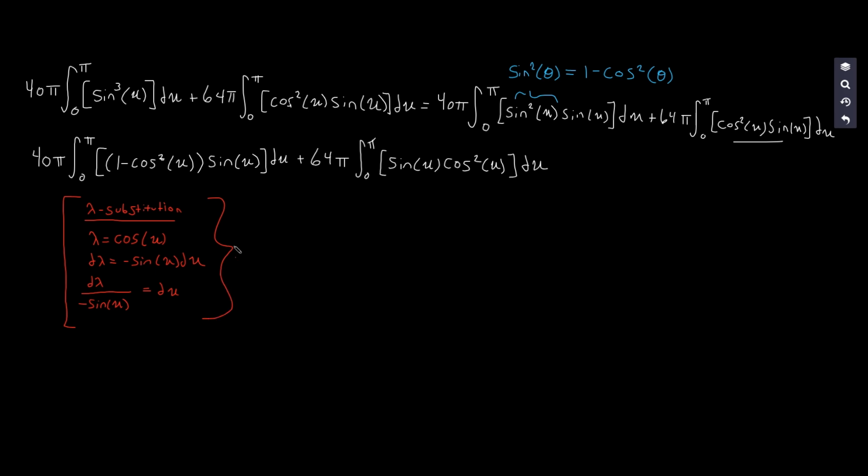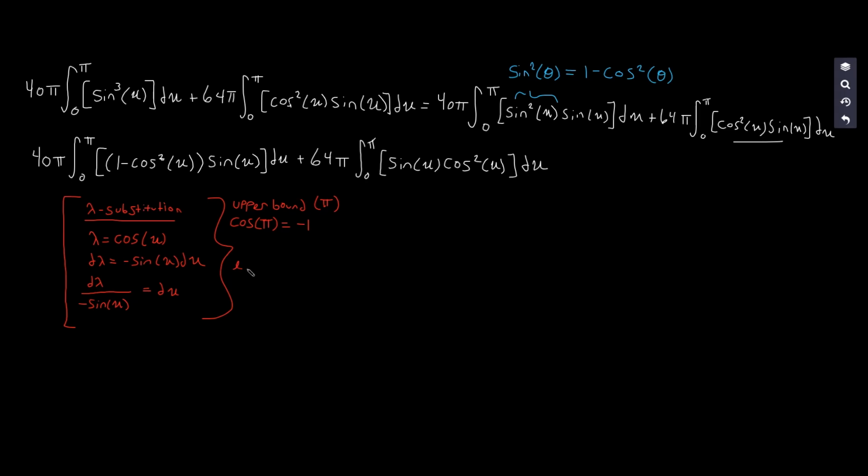There we go. We'll have to look at the upper bound, which is pi, and plug it into what we set lambda to be equal to, which is cosine. Instead of u, we stick in pi because that's the upper bound. So it's going to be cosine of pi, and cosine of pi is -1.